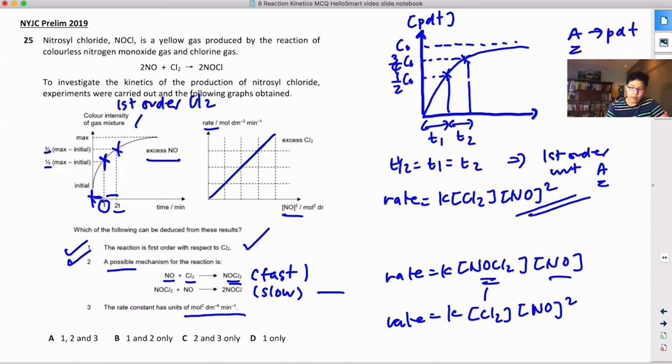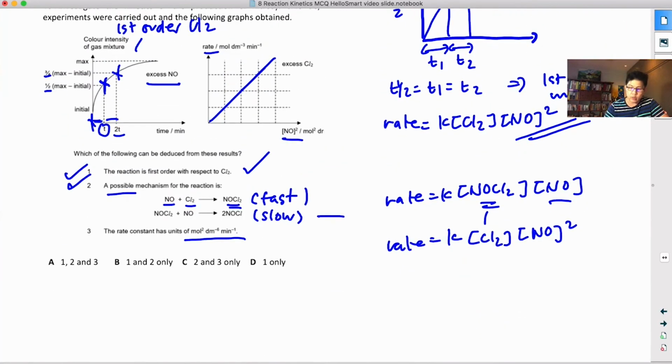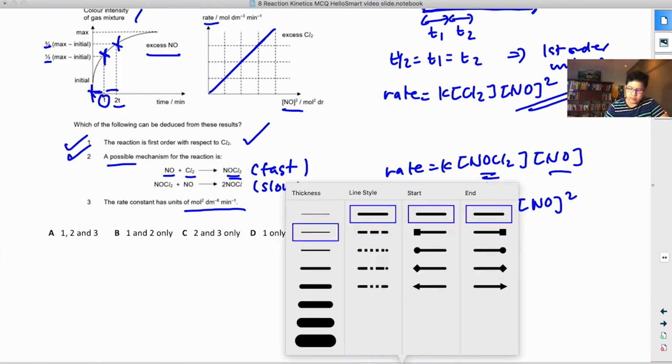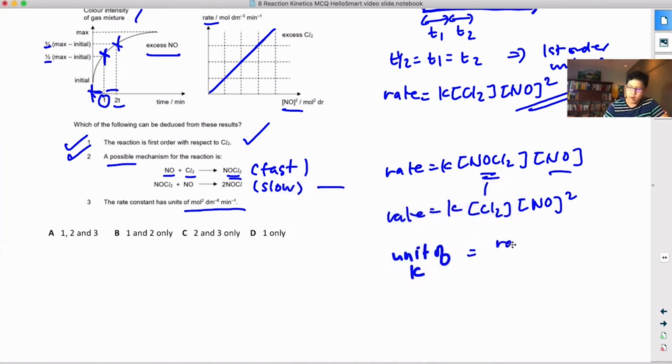The rate constant has this unit. What's the unit of the rate constant? Since it's a third order reaction, the unit of k is rate over concentration of Cl2 NO squared.